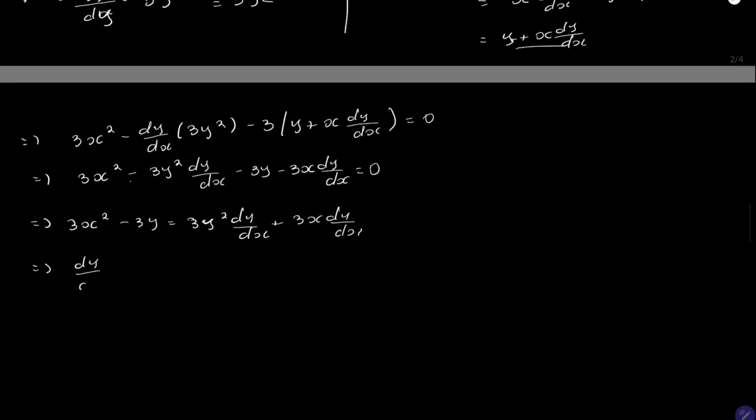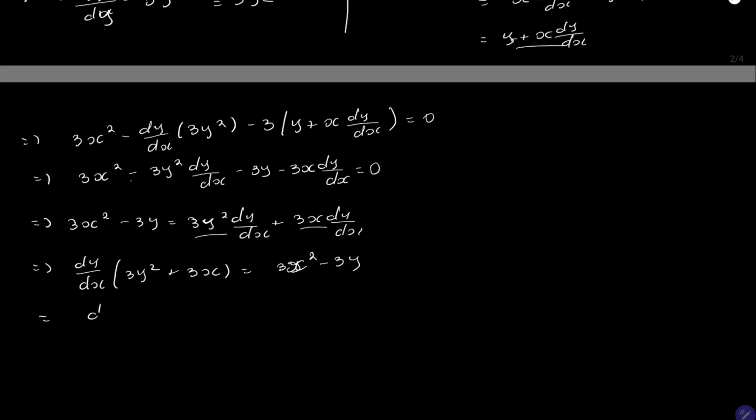We have dy on dx times 3y squared plus 3x equal to 3y minus 3x squared.